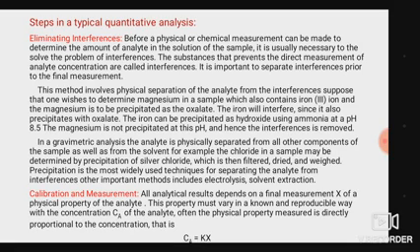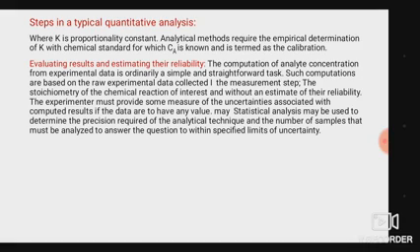Then calibration and measurement. All the analytical results depend on the final measurement of a physical property of the analyte, X. This property must vary in a known and reproducible way with the concentration C of the analyte. Often the physical property measured is directly proportional to the concentration, that is, Ca equals Kx, where K is the proportionality constant.